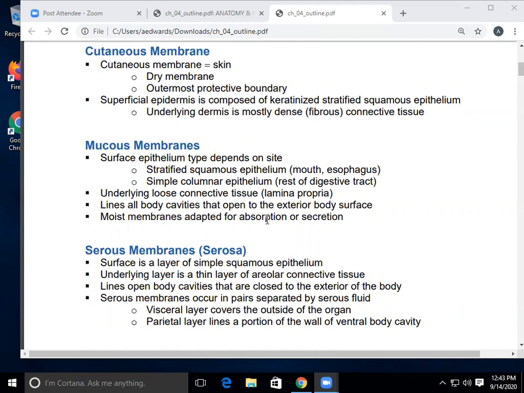Okay, that was one of the ones that we studied, areolar connective tissue. Compared to mucous membranes, serous membranes line closed body cavities that are closed to the exterior of the body. And these membranes typically occur in pairs, and those pairs are separated by serous fluid.